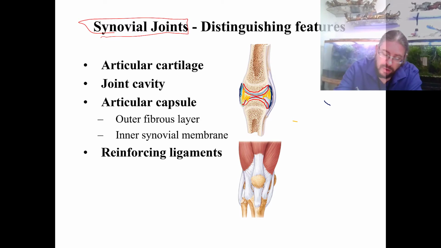So this synovial membrane right here. So these are the main features: an outer fibrous layer, an inner synovial membrane. And then in order to keep this in place, you have a whole bunch of reinforcing ligaments.